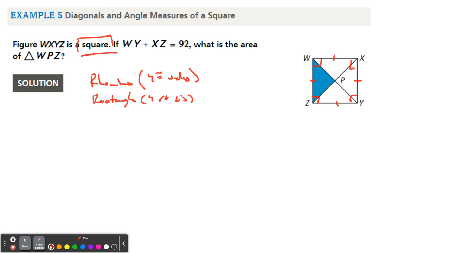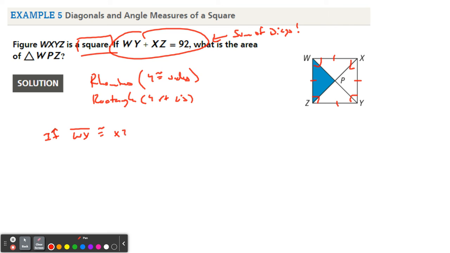So it tells us if WY plus XZ is 92, what is the area of the square? What they're doing here with WY plus XZ is the sum of the diagonals. First of all, WY is congruent to XZ because it's a rectangle, where the diagonals are congruent.